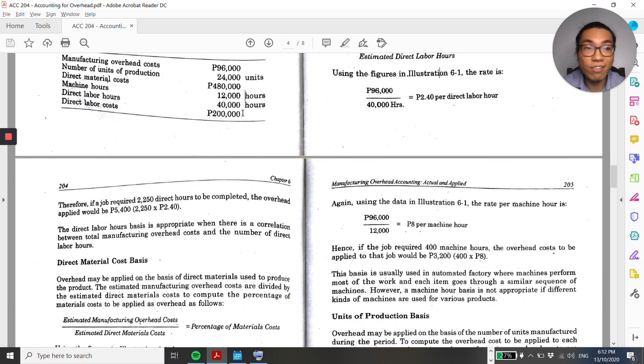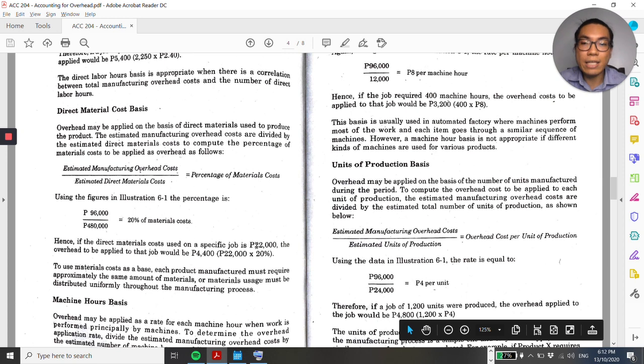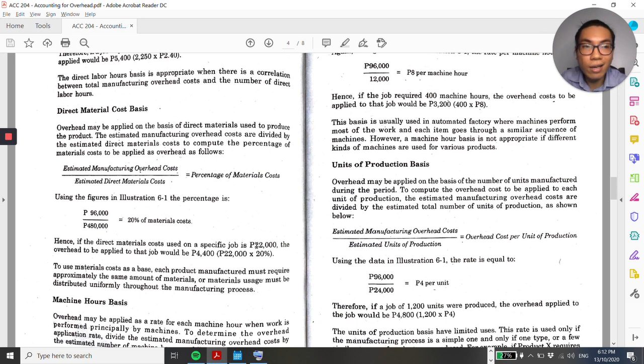And by dividing it to our total manufacturing overhead costs na 96,000, we'll have 20% of direct material costs. So, it would mean that for a certain job, if 22,000 yung mai-spend natin na mga direct materials sa isang job, it would mean that 20% of it is our applied overhead costs.